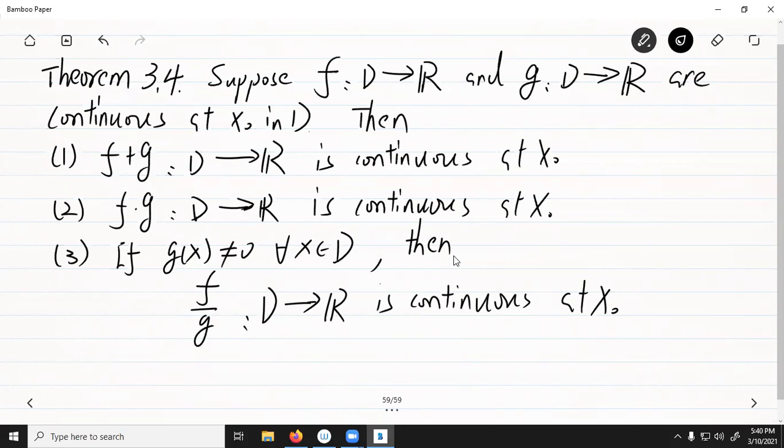So these are the results we already know. Sum, product, and division will form a new continuous function.